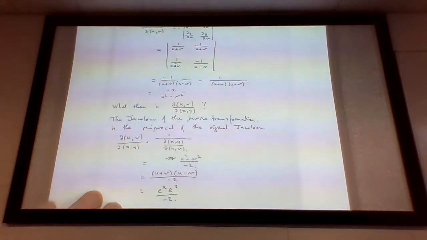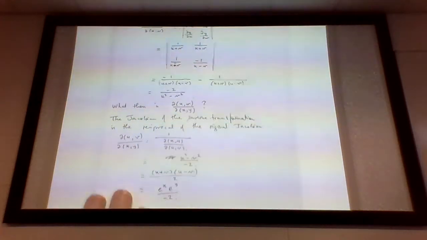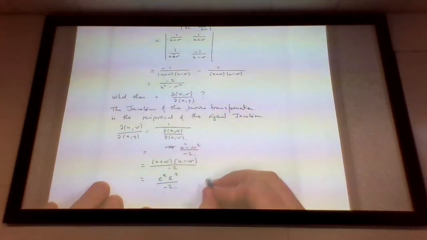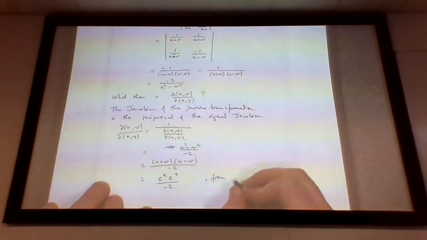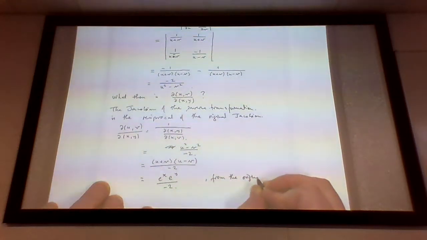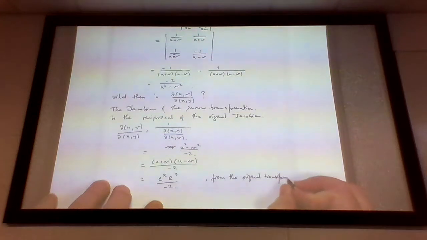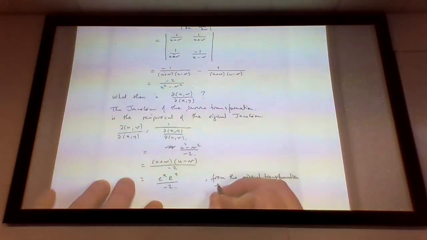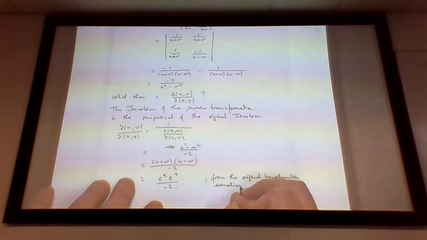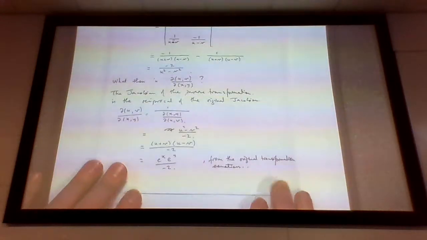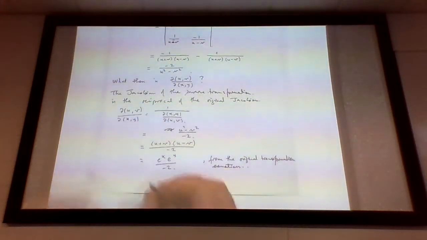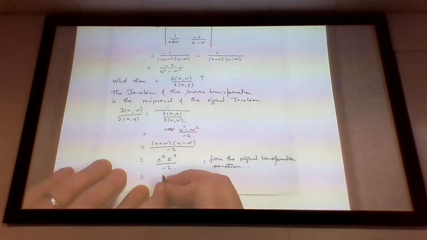And that's over minus 2, from the original transformation equations. You might simplify that as e to the x plus y over minus 2.